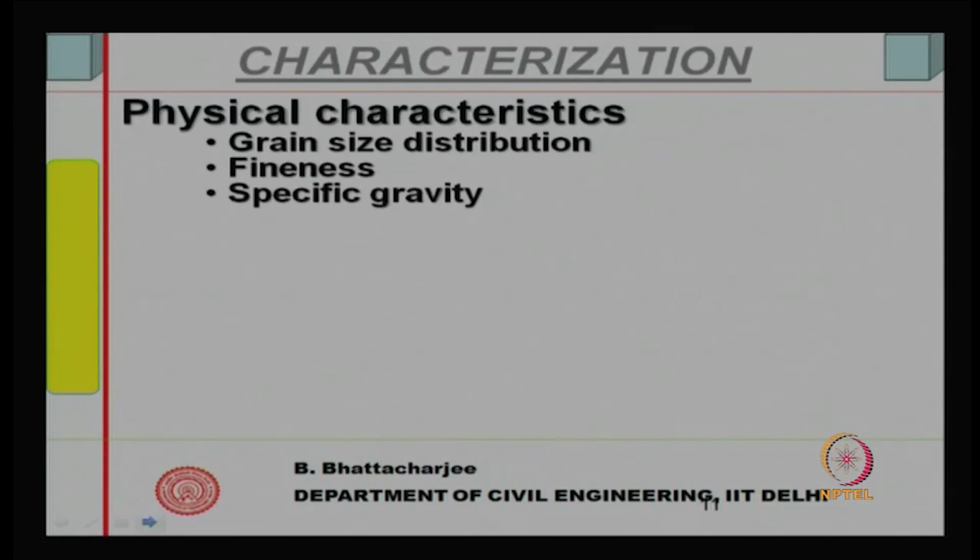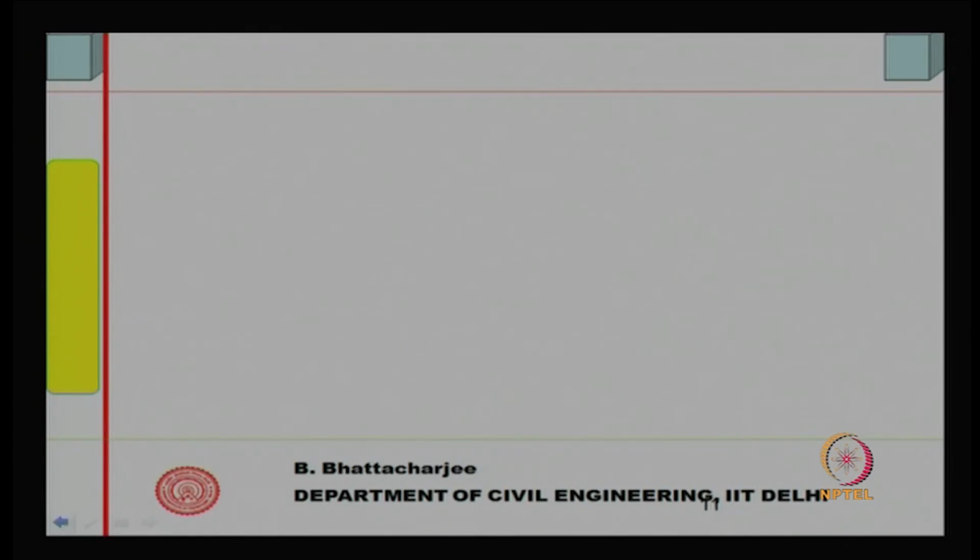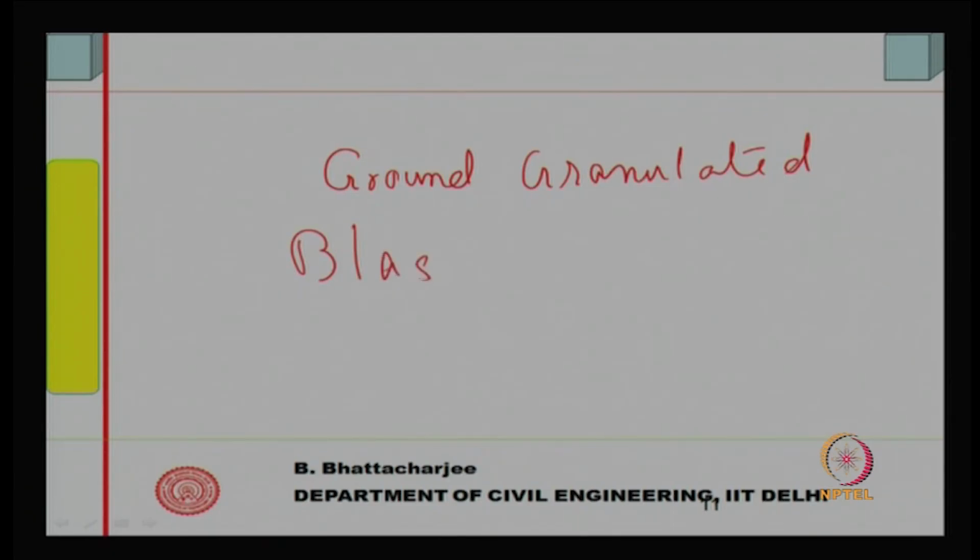Now, before I go to characterization, let me just explain how you get ground granulated blast furnace slag.